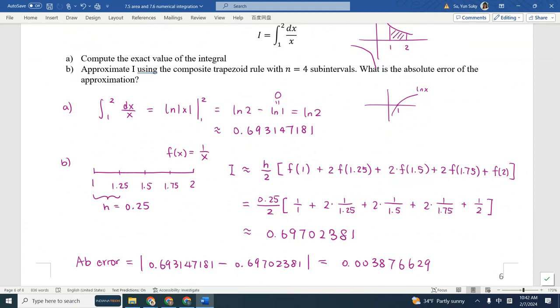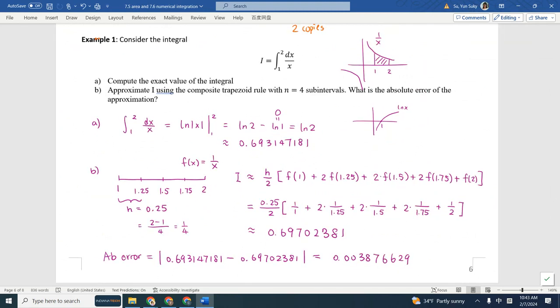So this is using the trapezoid method. Everybody clear how to do it? Draw the interval and cut it into, in this case, 4 subintervals. Then figure out the step size, the difference between the 2 points. You can use 1.25 minus 1, or think of it as b minus a over n. b is 2, a is 1, n is 4, so you get 1 over 4, which is the same as 0.25.